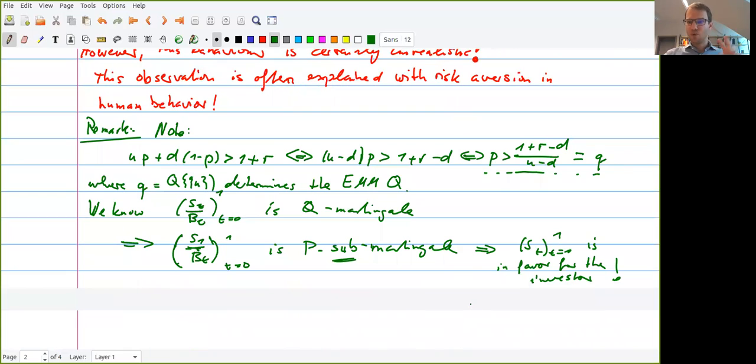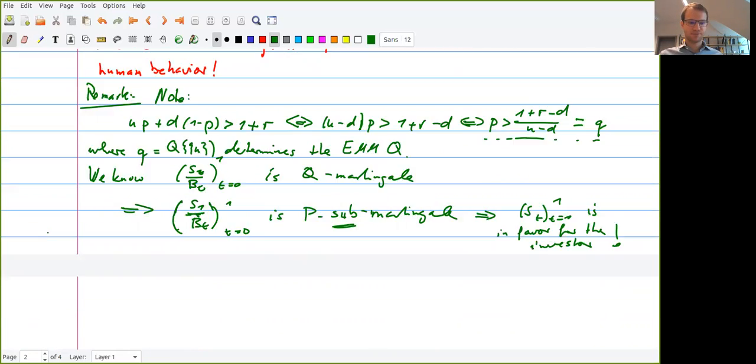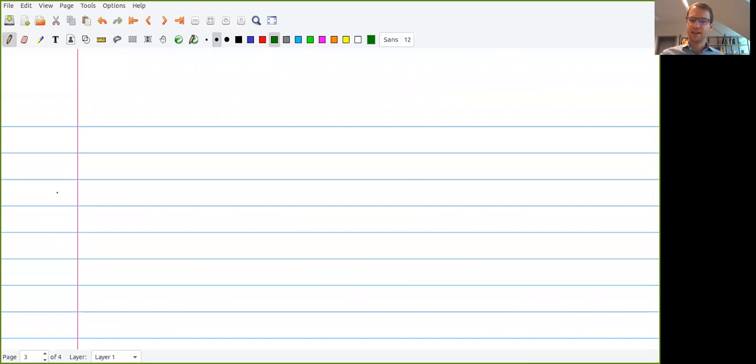To capture the more rational or natural human behavior, one starts to investigate preferences and utility functions. So this brings us to the next subsection, preferences and utility functions.